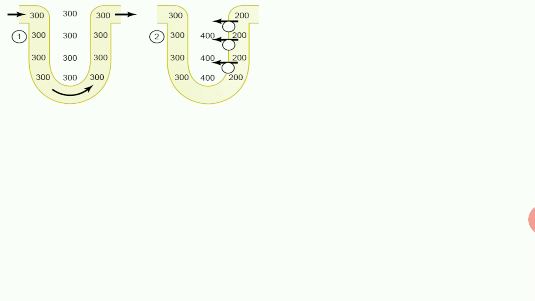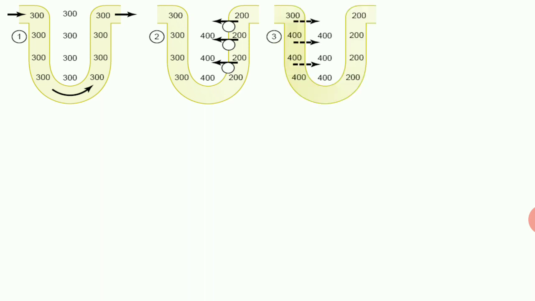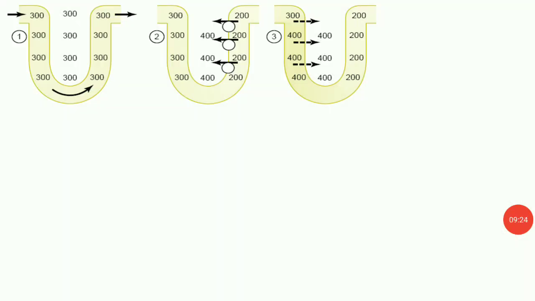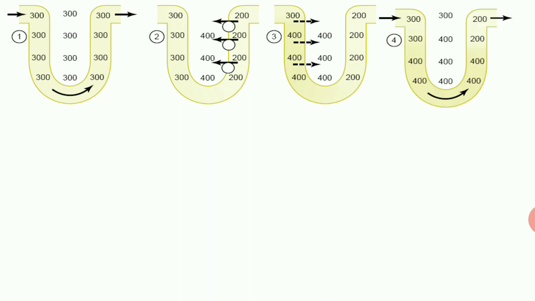And if we apply the second mechanism, that the thin descending limb of loop of Henle is also permeable to water, then what will happen? Water will go into the interstitium, and because of that, the fluid in the loop of Henle will become progressively concentrated as it goes down deep into the medulla.